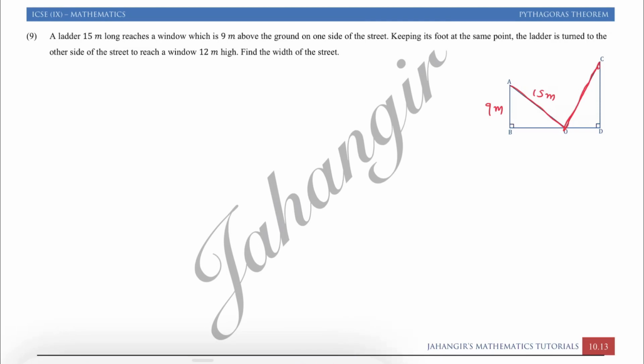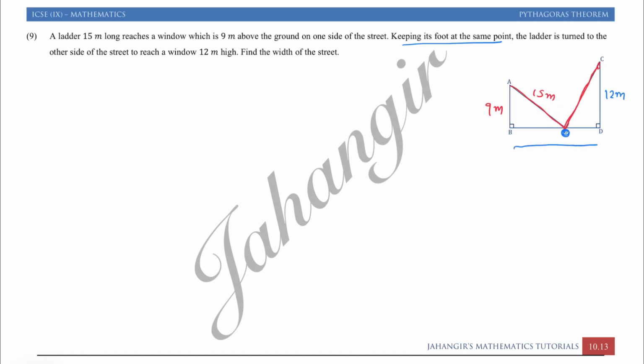This point O is common. Keeping its foot at the same point, the ladder is turned to the other side of the street to reach the window 12 meter high. Find the width of the street.